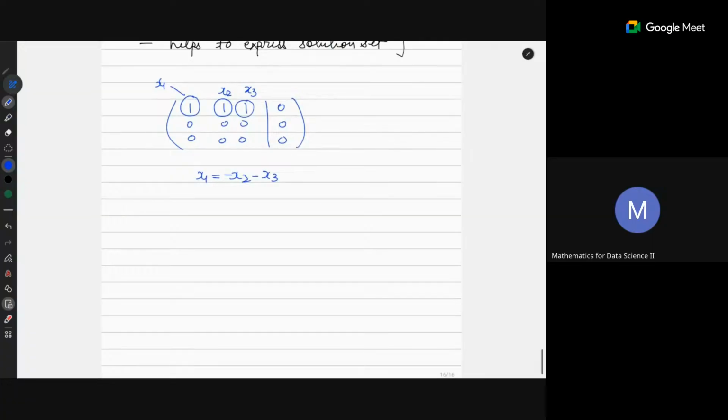So let me take an example. Let's say you are in R2, and you have this line which is passing through the origin, let's say y is equal to x. Now you have another line which is parallel to this, shifted some bit, so it is intersecting, let's say, at 1.